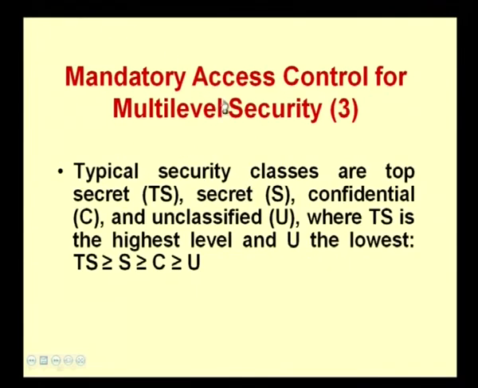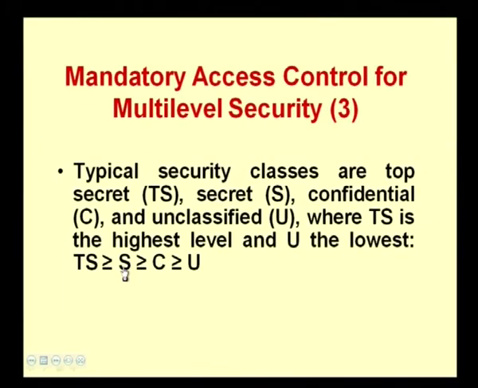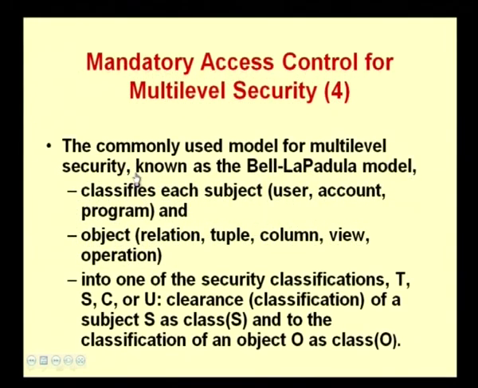Now, in mandatory access control, you have typical security classes such as top secret TS, secret S, confidential C and unclassified U, where TS is the highest level of security and U is the lowest level of security. So, top secret has greater security than secret, secret has more security than confidential, confidential has more security than U. The commonly used model for multi-level security is known as the Bell-LaPadula model.